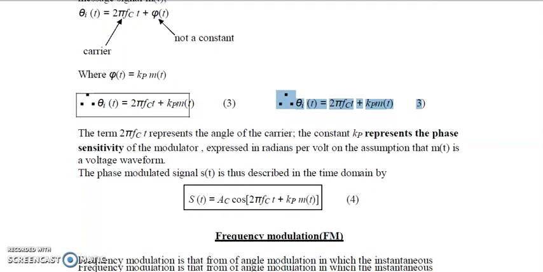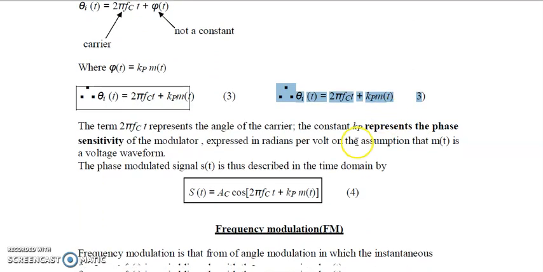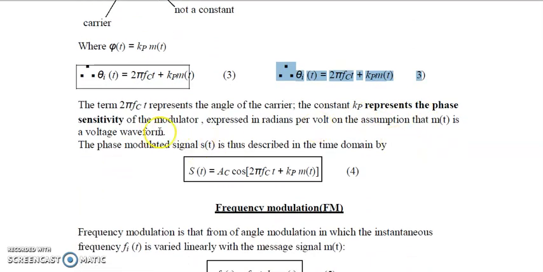So 2 pi fct represents the angle of carrier and k p represents the phase sensitivity of the modulator. If we want to write the final formula for the phase modulated signal in mathematical form, since the amplitude doesn't change, the amplitude is the carrier amplitude A c. The carrier signal is changing in phase.